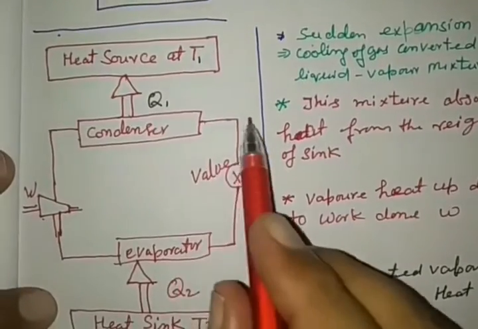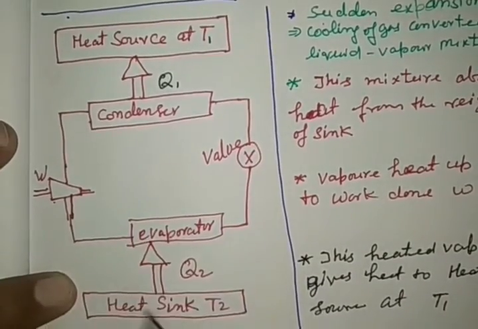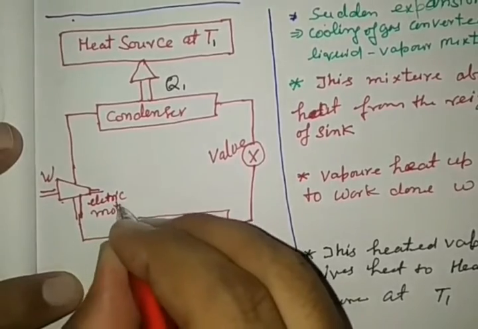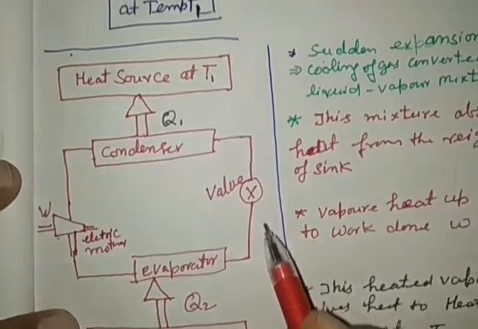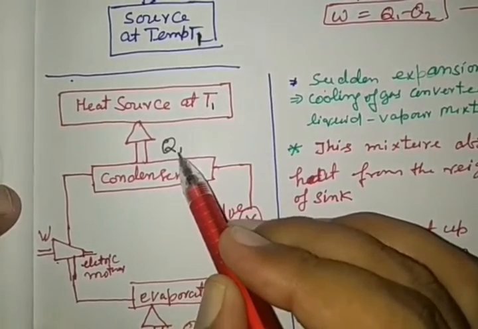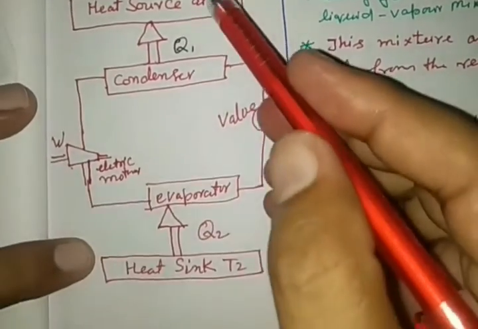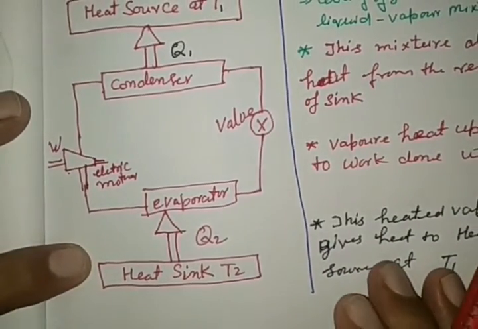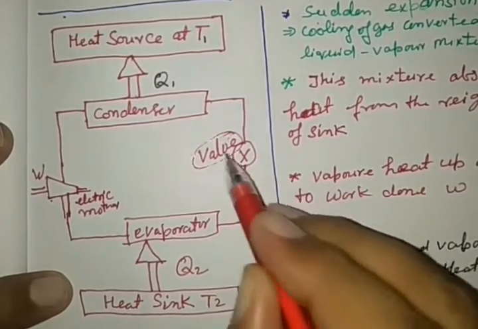This is the working system, in which there are evaporator, electric motor, condenser and valve. Heat rejected to the source at temperature T1 is Q1 amount of heat. This total system works under 4 processes, and it is represented here in this way. Here is a valve. Valve, we know, is a one-way device.